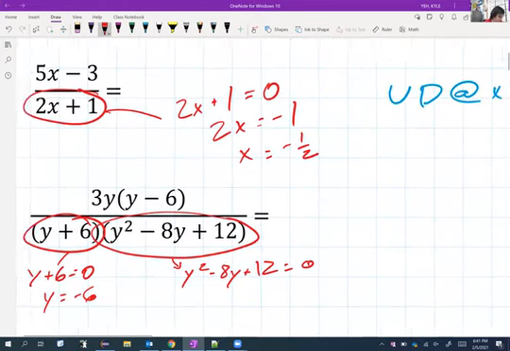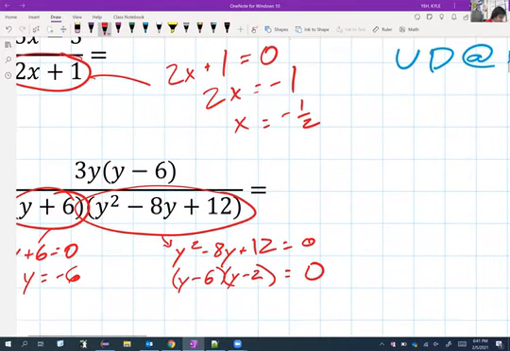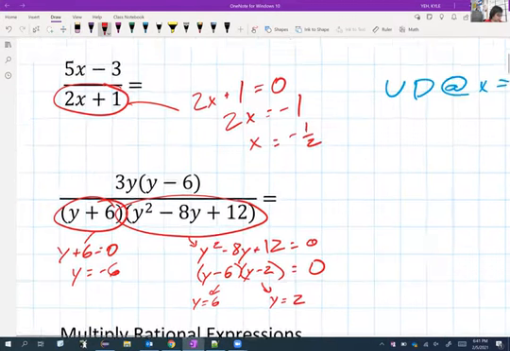And my first go-to, especially when it looks like I can factor, is factoring. y squared, y and y, signs are the same, they're both minus. Multiply to be 12, add to be -8: -6, -2. So y would equal 6, y would equal 2. Both of those values would also give us a 0 on the bottom.